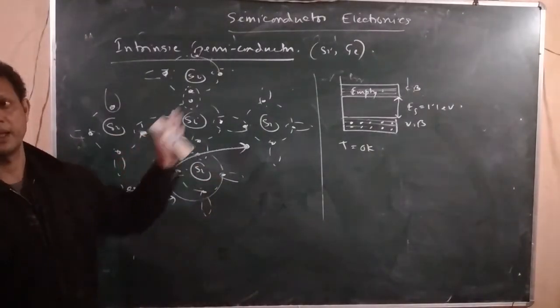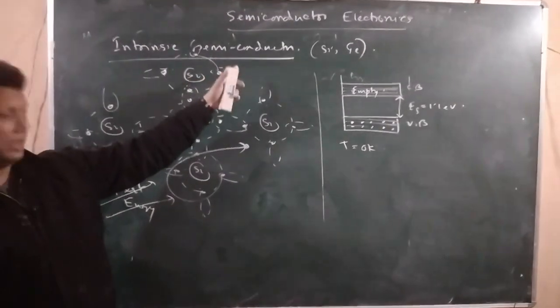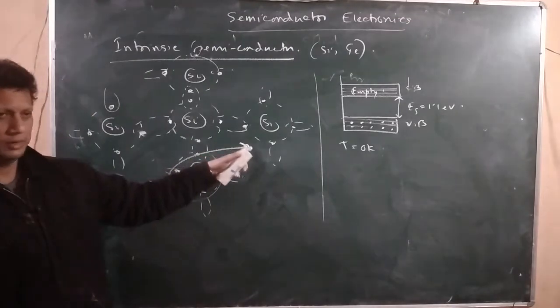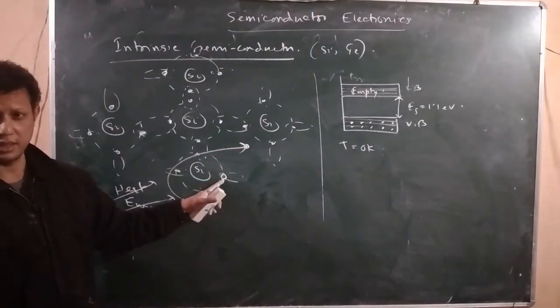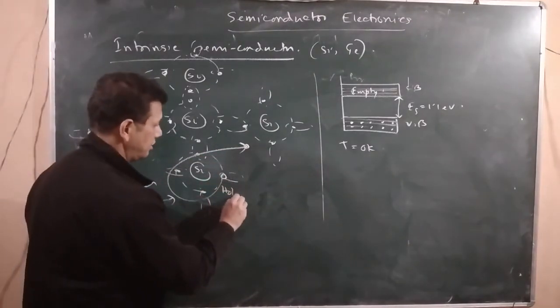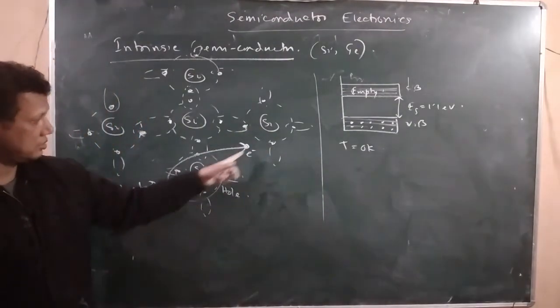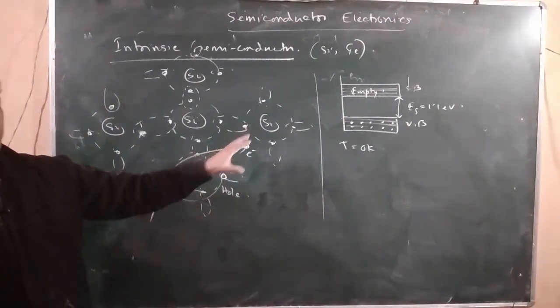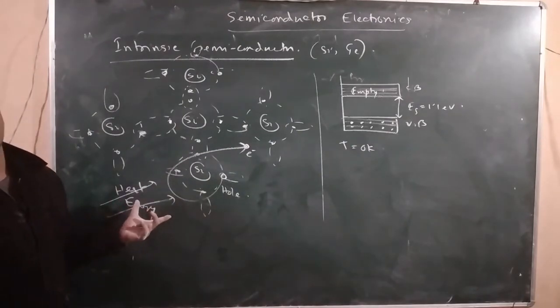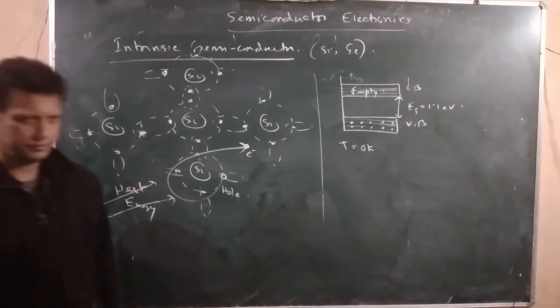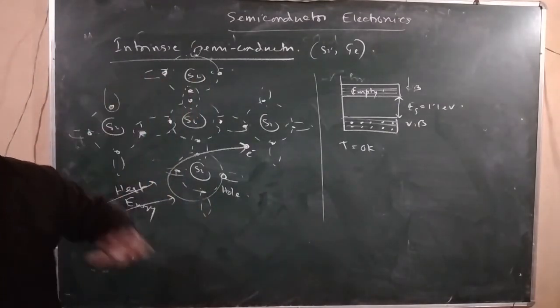As soon as you provide heat energy externally, covalent bonds start to break in this semiconductor and electron hole pairs are created. Electron lai holo, vacancy create hol. Ei vacancy to naam ki boli koa hoy? Hole. Aru electron to free electron. So electron hole pairs are created as soon as you increase heat energy, and at room temperature a sufficient number of covalent bonds will now break.